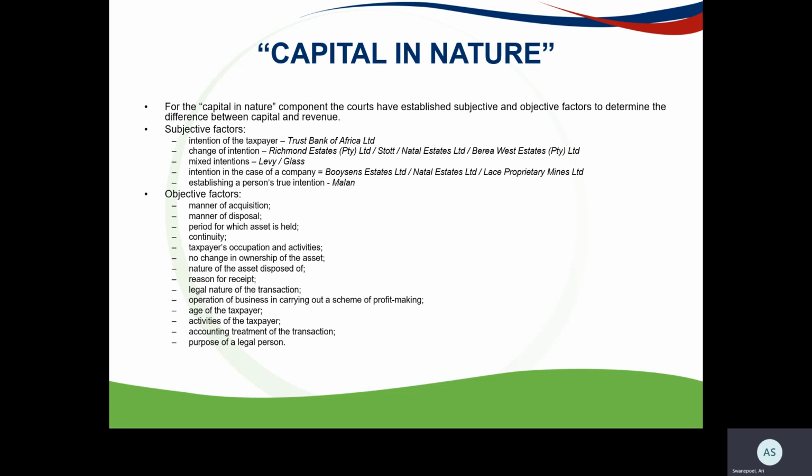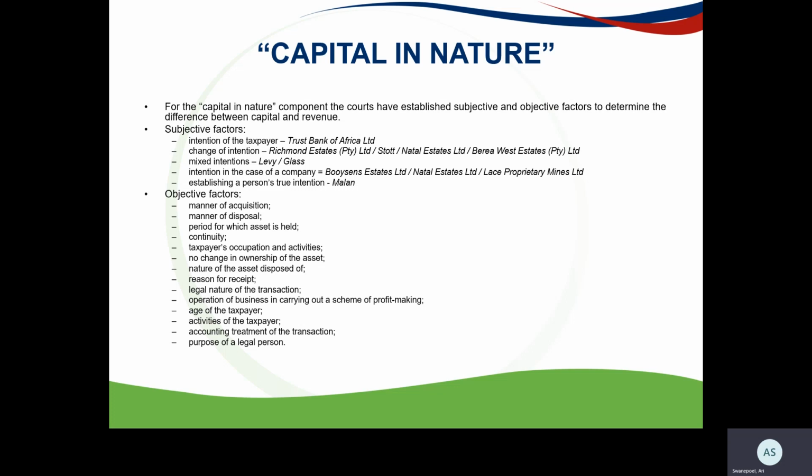Then the intention in the case of a company is the Boyson's Estate case, Natal Estates case, Lay's Proprietary Mines, and then establishing the person's true intention, the Malone case. So you must have a look at all these cases, at least read through them, and remember what the principles are that were established in those cases.